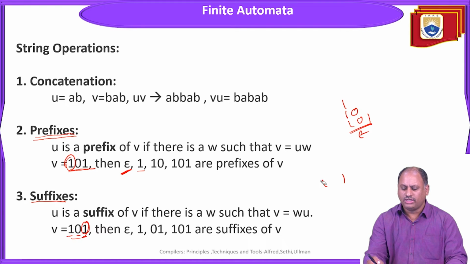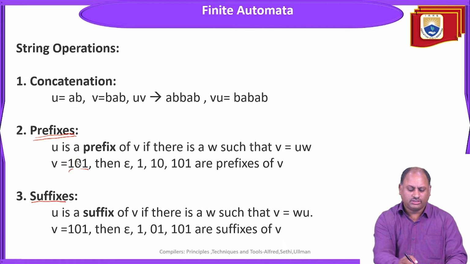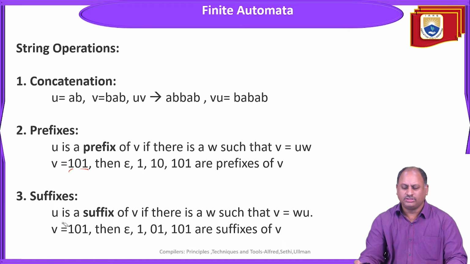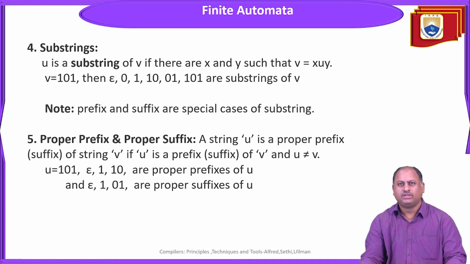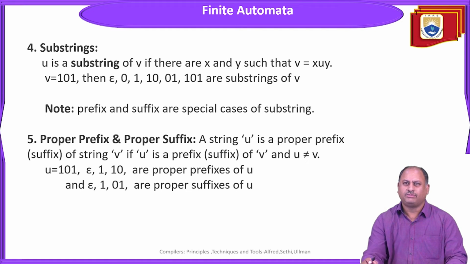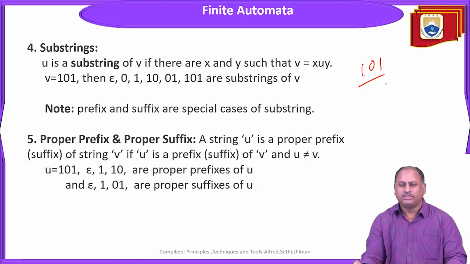In that way we can easily identify the strings formed for the given string with the suffix values and with the prefix values. Sometimes we also find the substrings available in the given string. If the given string is, for example, 101, then 0 is a substring, 1 is a substring, 01, 10, and 101 itself is a substring.